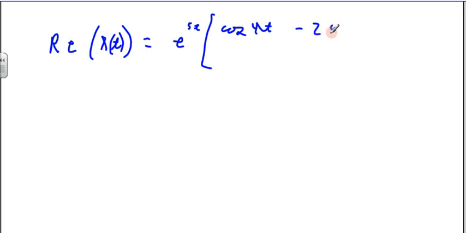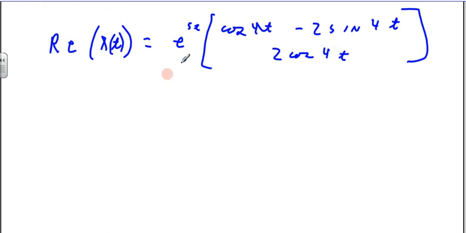I'm finding the real part, and I'm going to have e to the 5t, and I'm going to have cosine 4t minus 2 sine 4t, and I'm going to have 2 cosine 4t. Okay, so that's the real part of x of t.